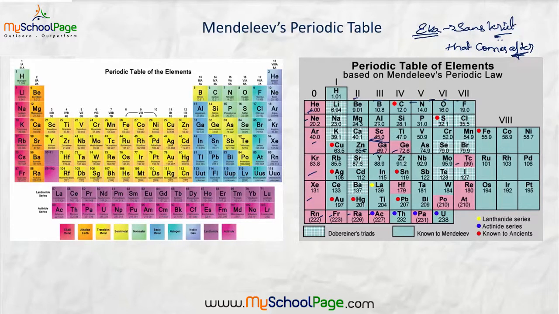Ica aluminium is the element which comes after aluminium. Ica boron is the element which comes after the boron, and Ica silicon is the element which comes after silicon.